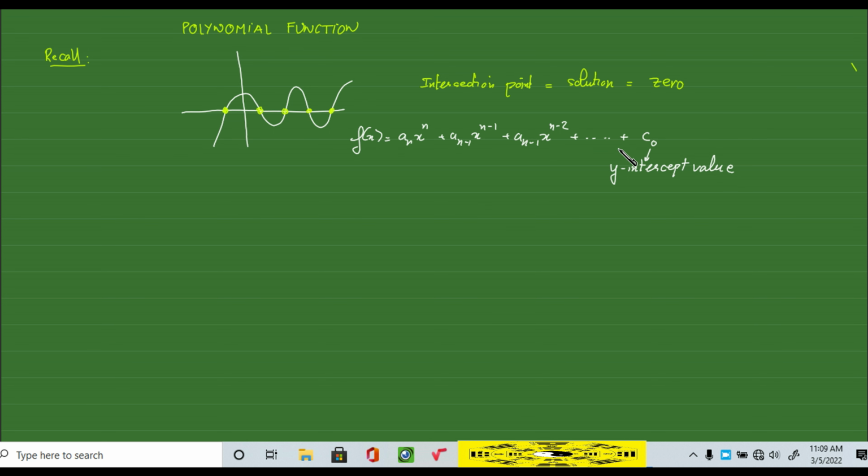Okay, and you see that if they give you something like this, it's very hard to find intersection point without calculator. However, this is just the first form of polynomial function.